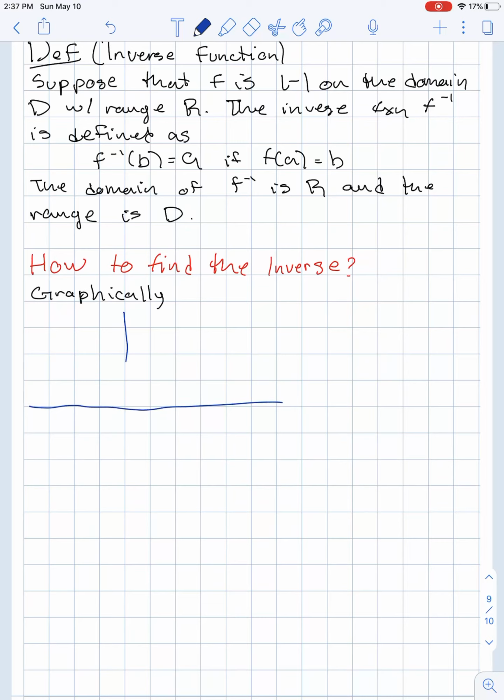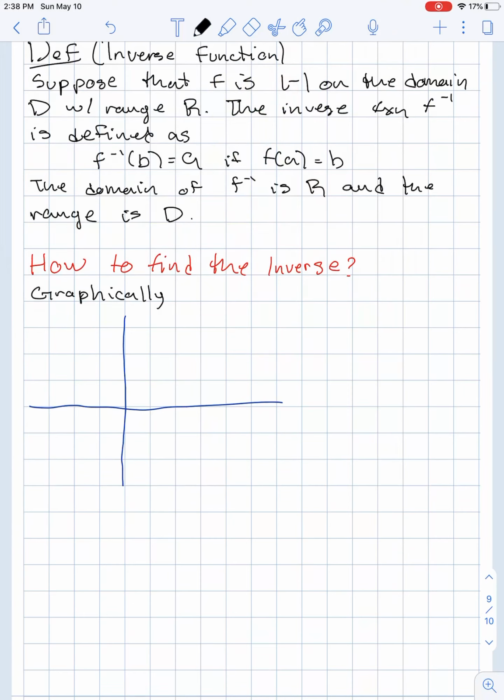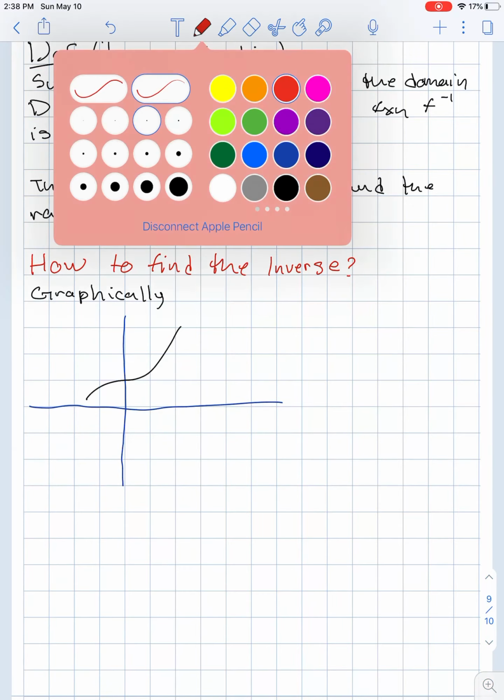If I'm given, that was a terrible graph. There we go. We can draw something like this.